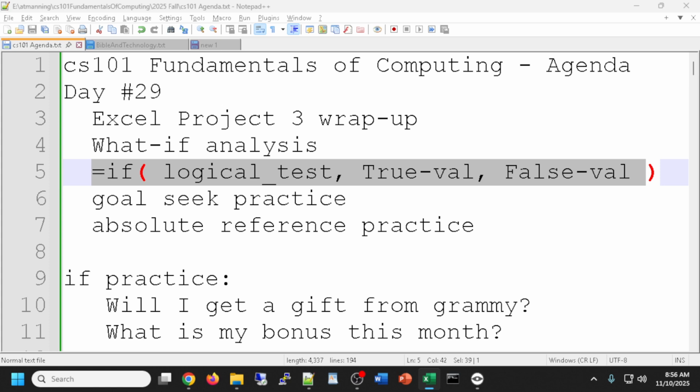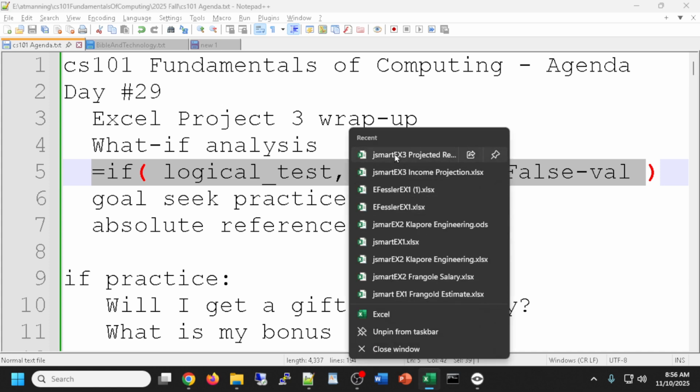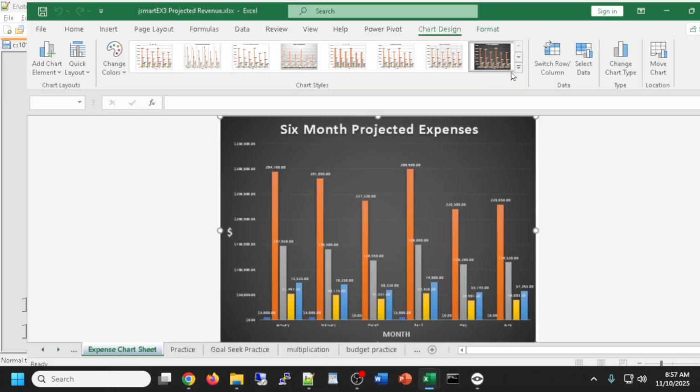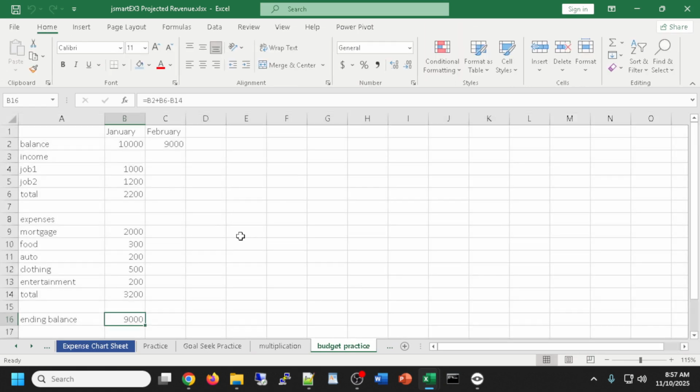What's that? Can you go back to the budget practice? Okay. So we started with the balance of 10.